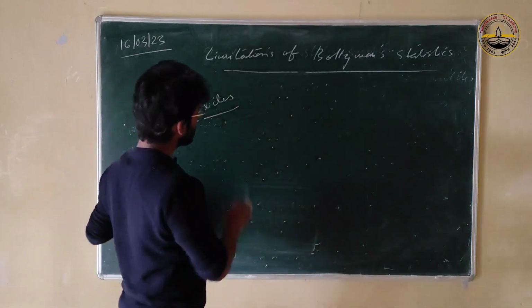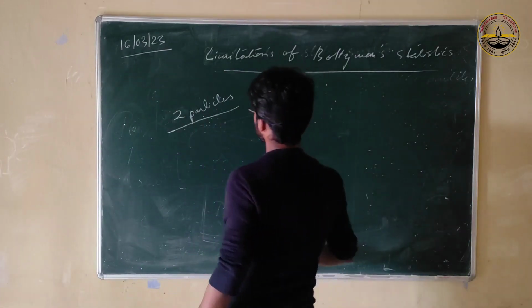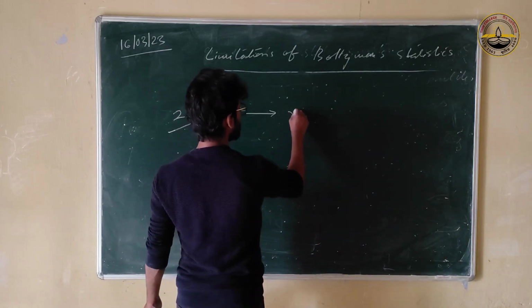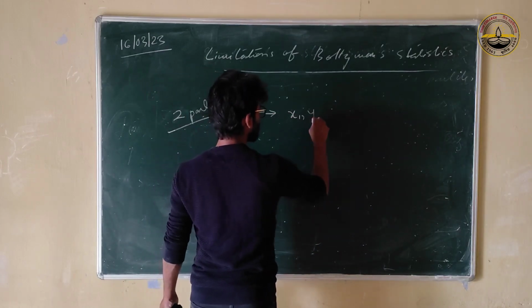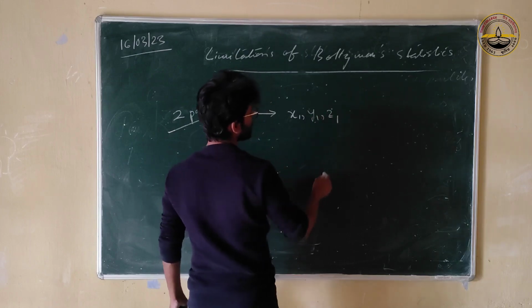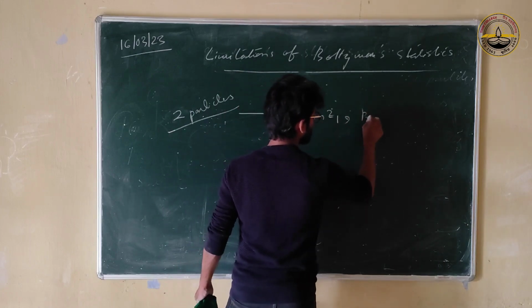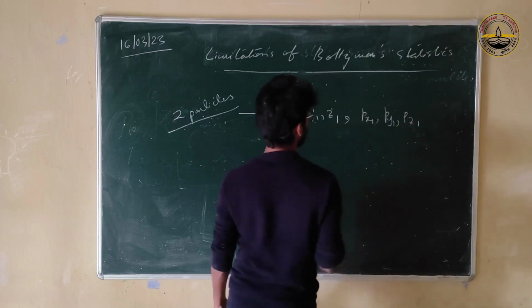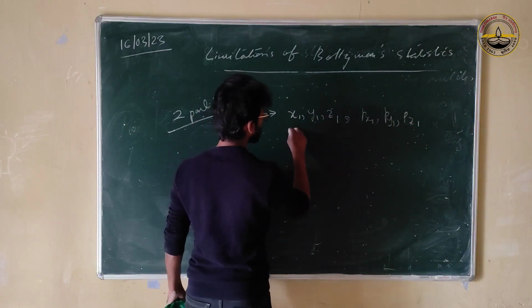You can completely determine the state of these two particles classically if you give me all their coordinates x1, y1, z1, their momenta px1, py1, pz1, and the same for the second one.